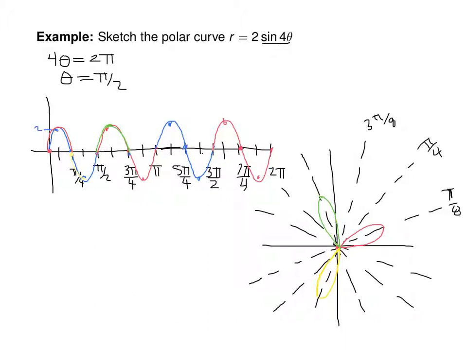Alright, next, from 3 pi quarters to, I guess that's 7 pi eighths, I'll have a radius of -2. So I would go over to 7 pi eighths and then reflect, something like that. And then as I approach pi, we get back to 0, like we did right there.